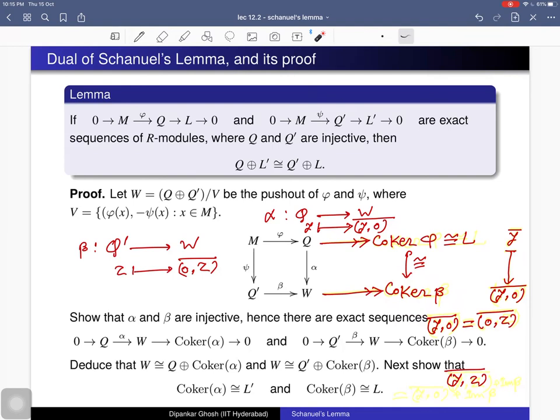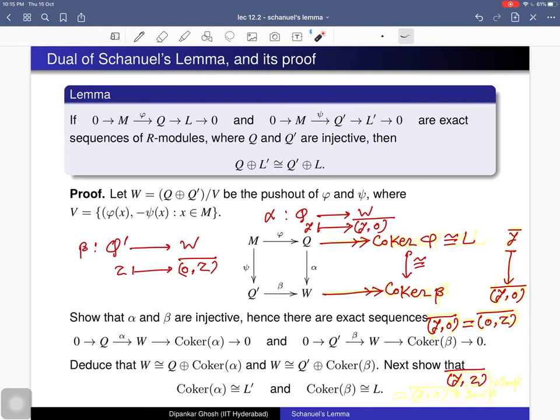We need to prove that this arbitrary element looks like this kind of element. Then only we can say that it is in the image of this map, and that will prove that this map is surjective. So we have considered an arbitrary element in co-kernel of beta, and we should prove that it looks like this kind of element.